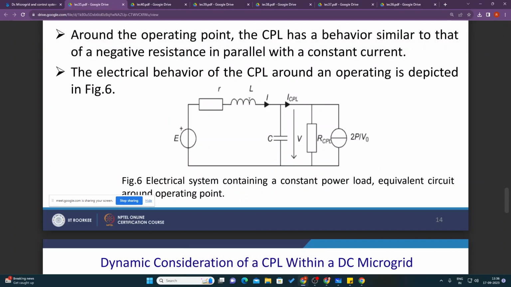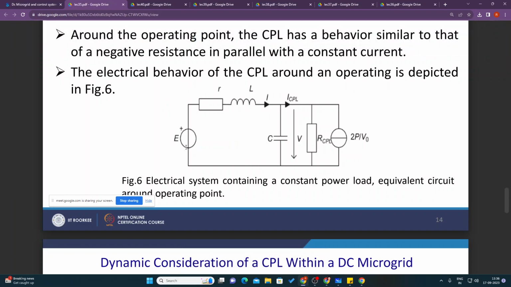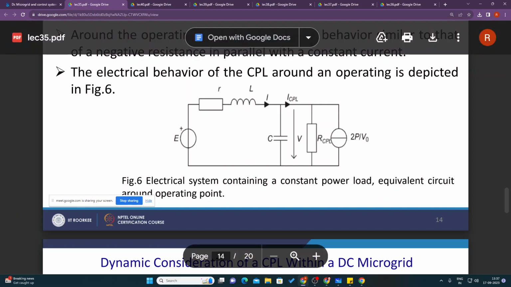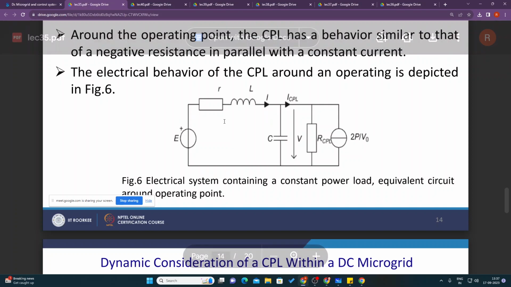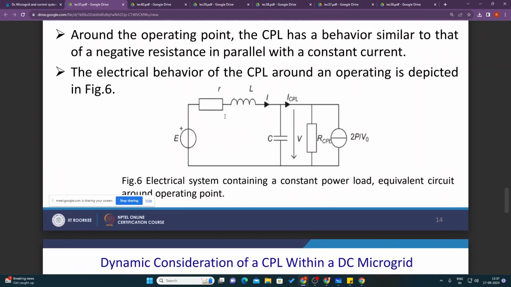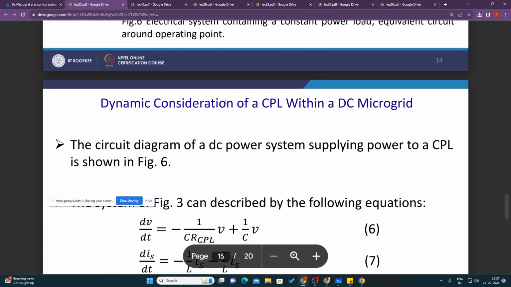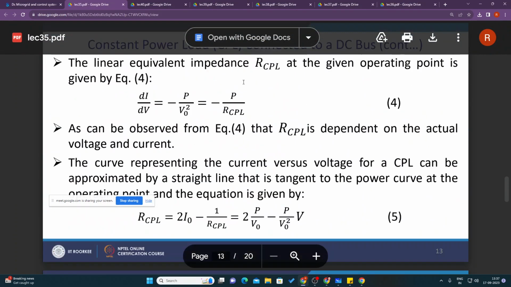The R and L will determine the resistance and inductance of the cable, and then you have a capacitance to hold the voltage at the output. And why is it given as 2P by V naught? Just let me check once.